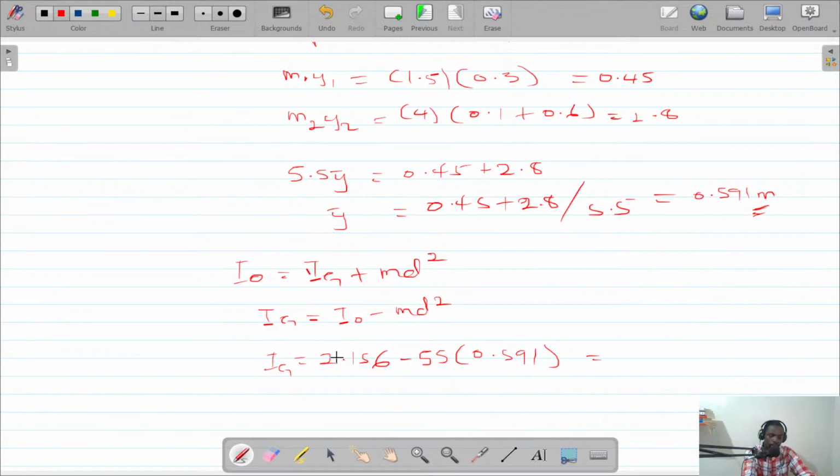So we have 2.156 minus 5.5 times 0.591 squared.